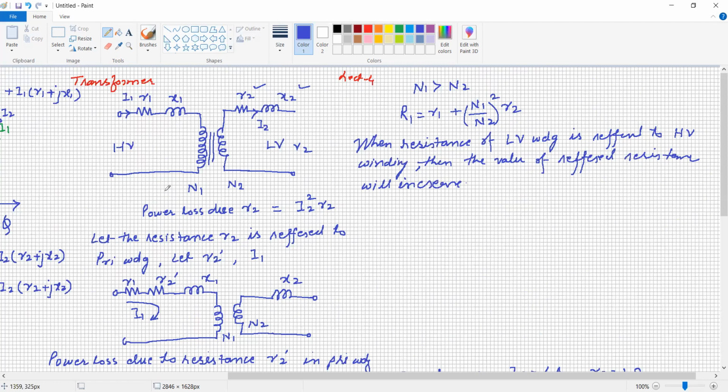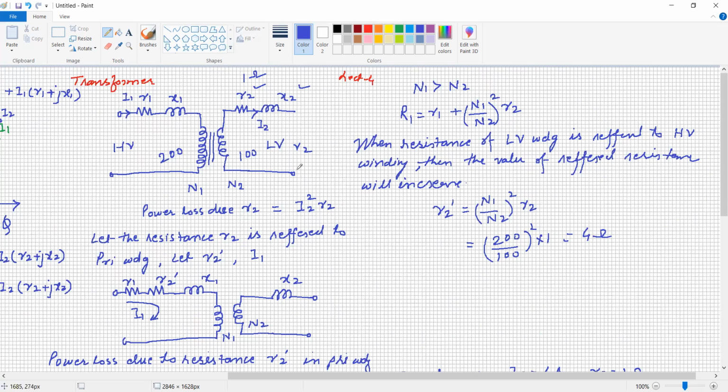For example, the number of turns is 200 here and 100 here, and the value of resistance is 1 ohm. So R2 dash is equal to (N1 upon N2) squared into R2, which is equal to (200 divided by 100) squared into 1 ohm. So it is 4 ohm.